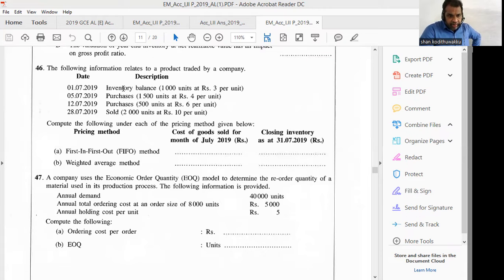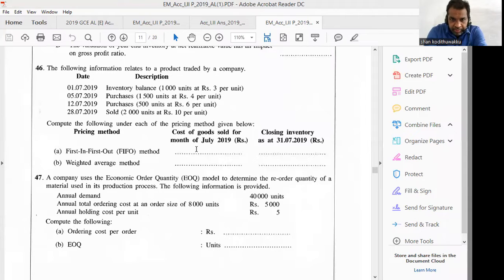Here, like a question in the second paper, we can't draw formats. Then we can easily find the value. They have asked you to find the cost of goods sold and the closing inventory values as at 31st July 2019, and the cost of goods sold for the month of July 2019 under FIFO.